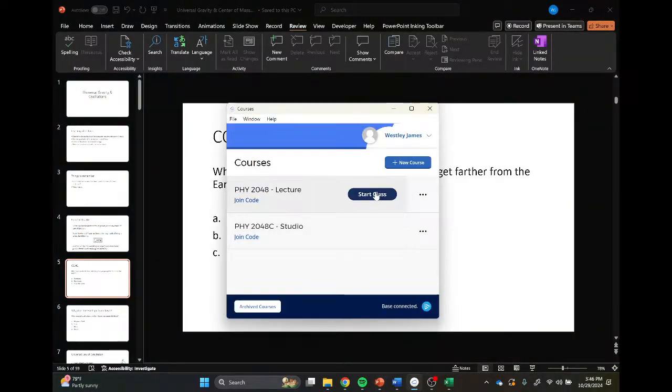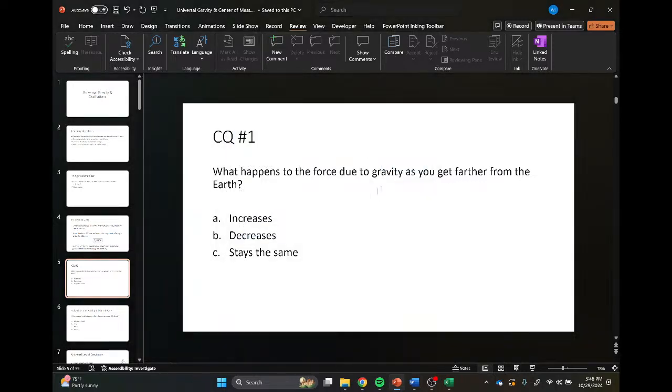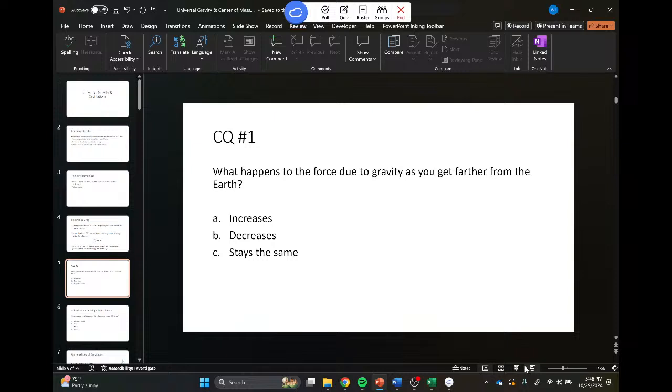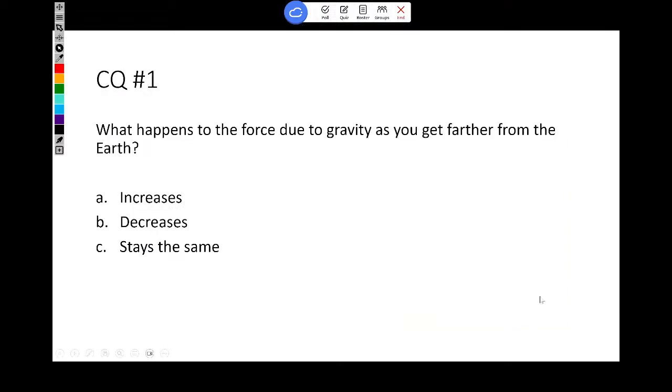Okay, now we get to discover the equation, the universal equation for gravity. We're going to kind of build it together. What happens to the force due to gravity as you get farther from the Earth?